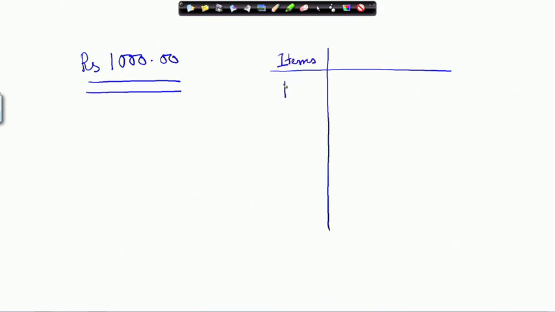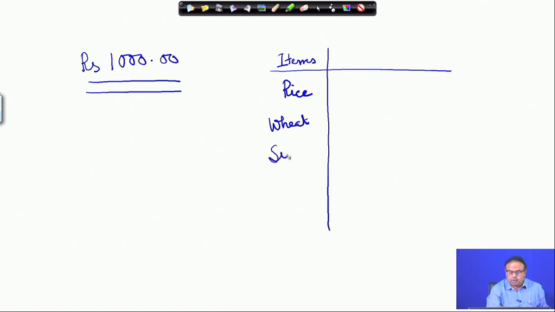Items may be rice, wheat, sugar, vegetables, etc. And each of them has a price.